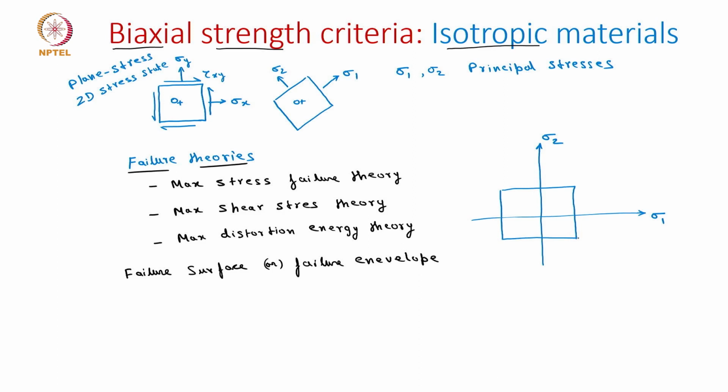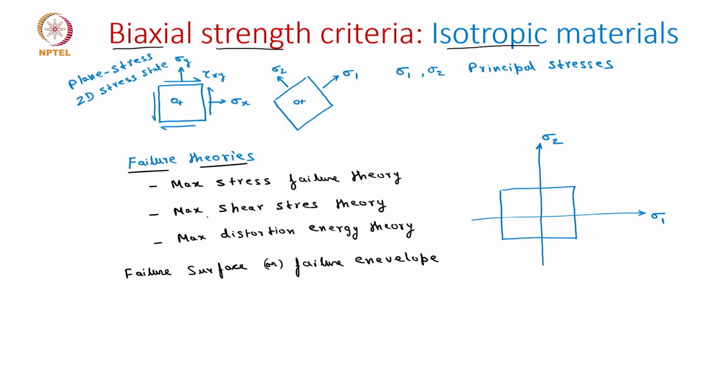So this we are calling the maximum stress failure criterion, and these lines we are now drawing are the failure surface. What does it indicate? If the loading is within the square, then the loadings are safe. But if the loadings are either on the square or outside the square, then failure is occurring.